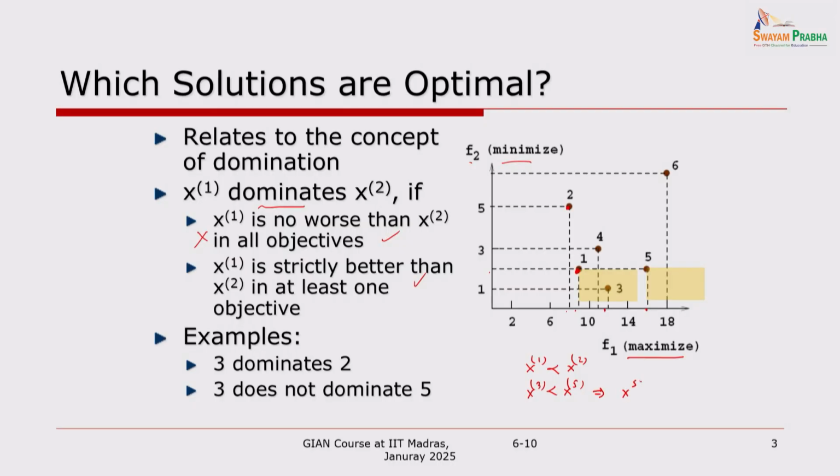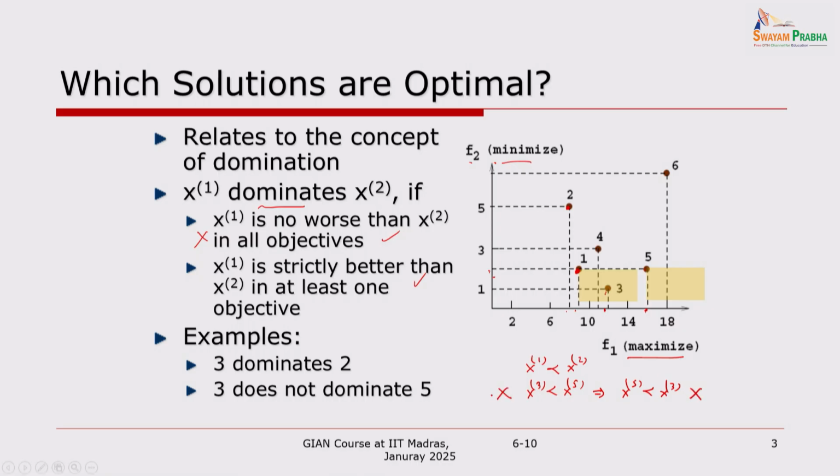Does this imply that x5 dominates x3? Let's check that. x5 has a better value than x3 in f1 because I am maximizing and x5 has a higher value. But x5 also has a higher value than x3 in f2, and I am minimizing f2, so x3 is better in f2. So this is also not true.